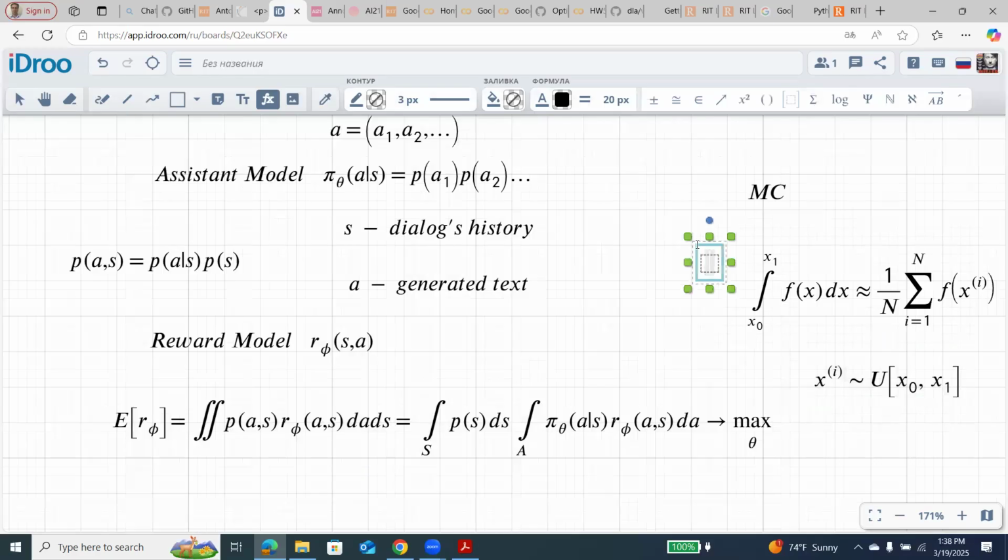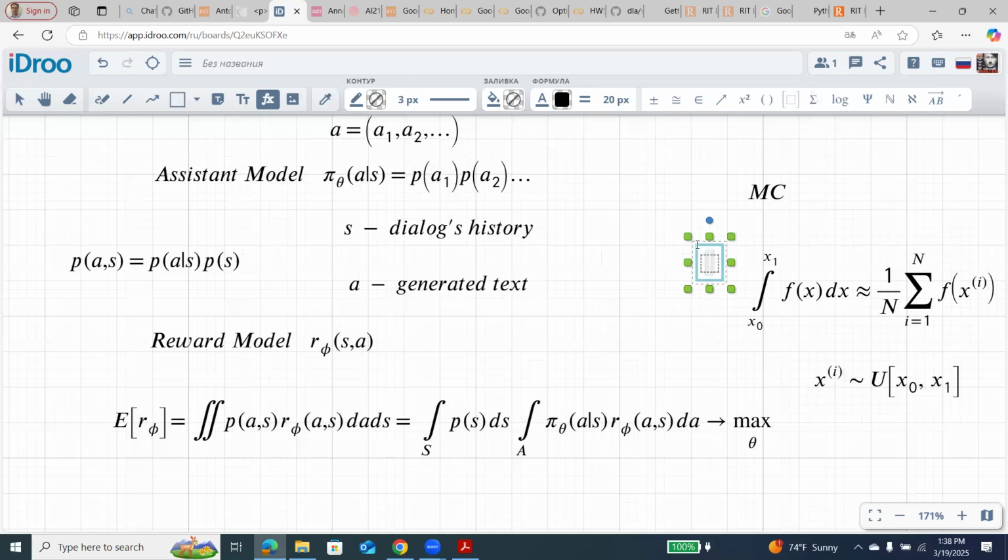So instead of the integral, we will just sample points, and you can use any random number generator, calculate your function at these points and sum up. The result will converge, with a large number of points, to the integral.